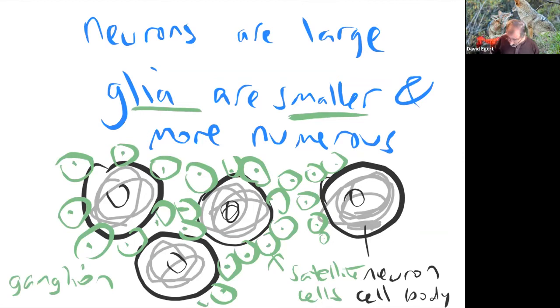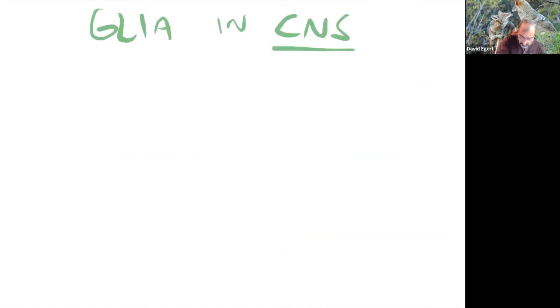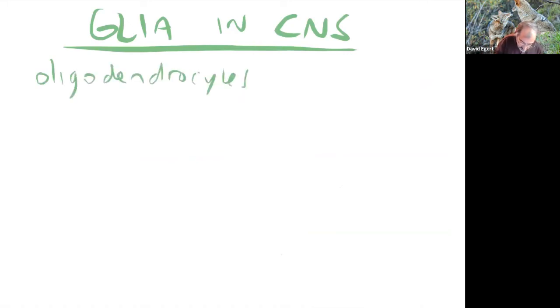So let's look at the glial cells in the CNS in more detail. Like I said, oligodendrocytes making myelin.